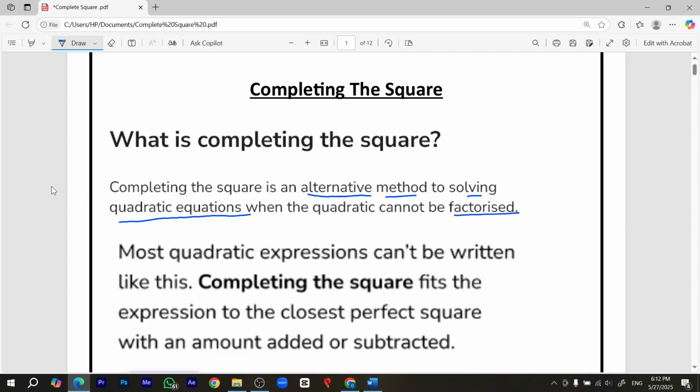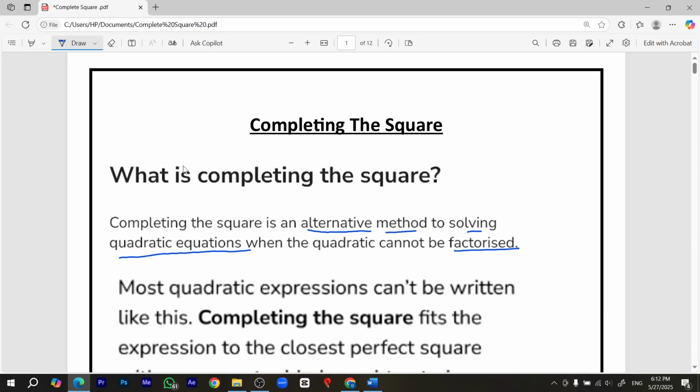If you remember, quadratic equations are about getting the points of x and y, which are the maximum or the minimum points.